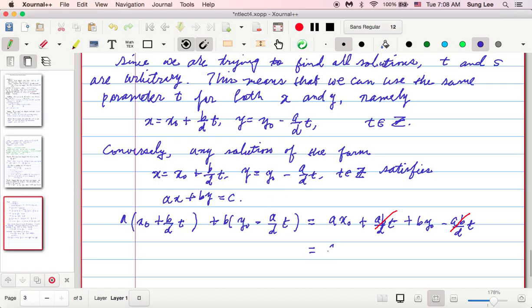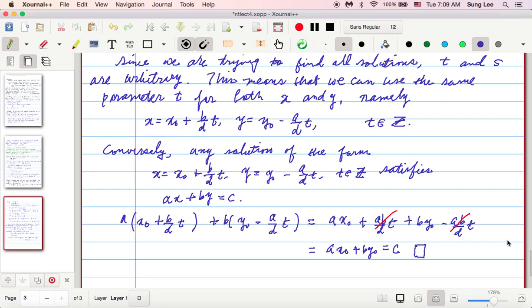So that equals a x naught plus b y naught, and we know this equals c. So we can easily show that any solution of this form satisfies this equation. So now finally, we complete the proof.